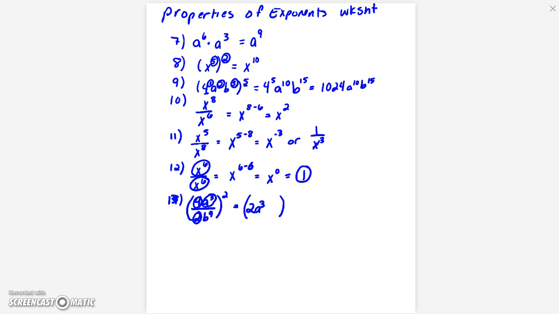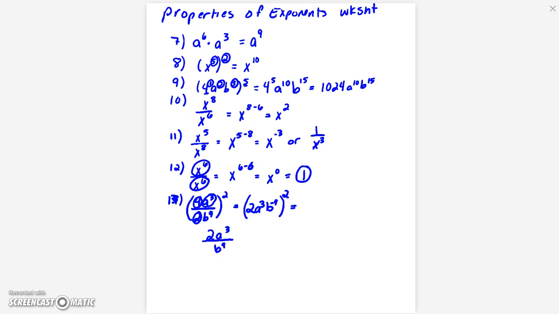And then I have b to the 4th, but the b to the 4th is on the denominator. So when I write it on the numerator, I'm going to make it to the negative 4th. You could also write that as 2a cubed over b to the fourth. Either one of those will work, but I feel like the way I did it first is going to be easier because I still have to square that.